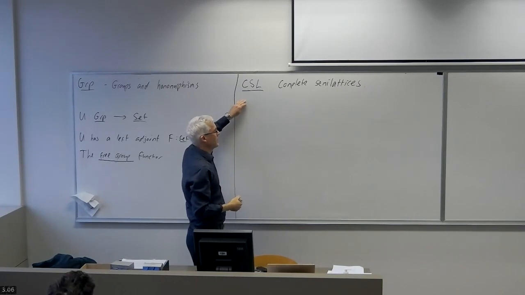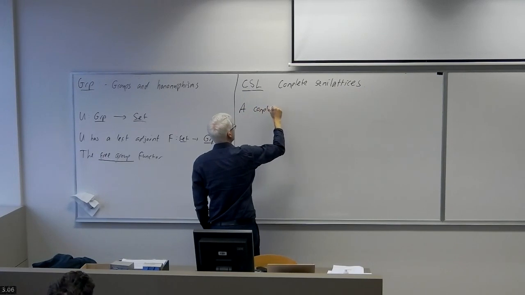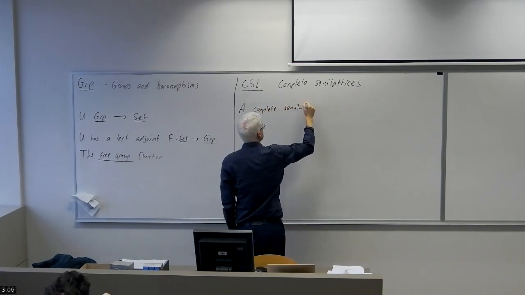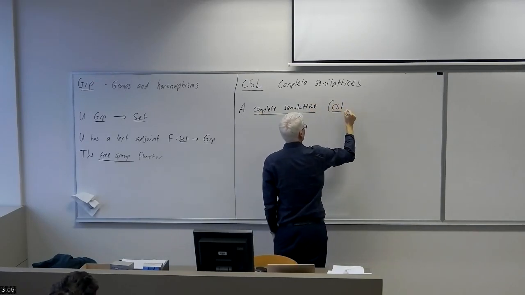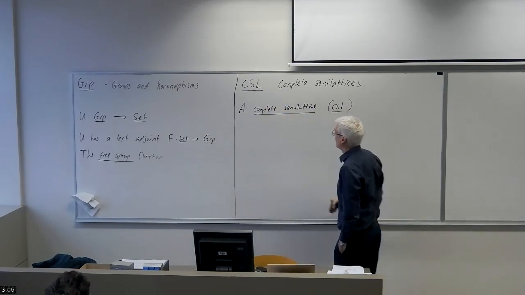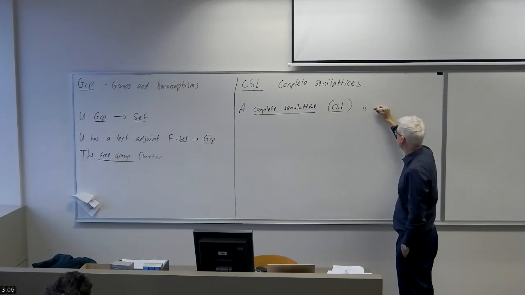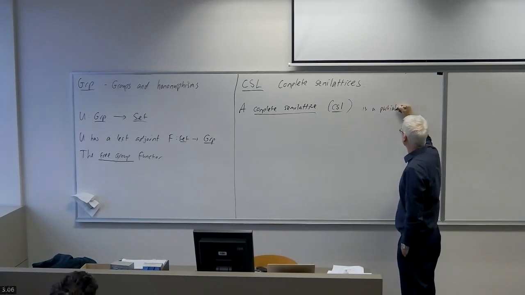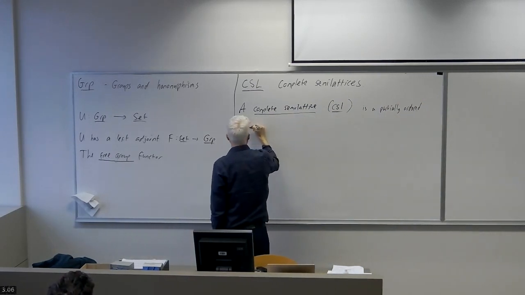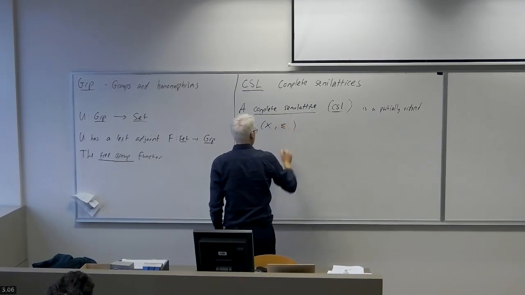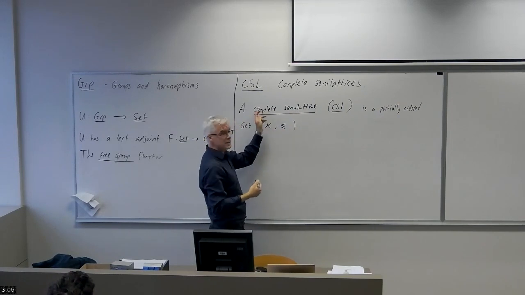So what is a complete semilattice? Well, a complete semilattice, or CSL for short, just use lowercase, with CSL underlined in capitals as the name for the category, is a partially ordered set, so a set together with a partial order on it that enjoys the property that it's complete.